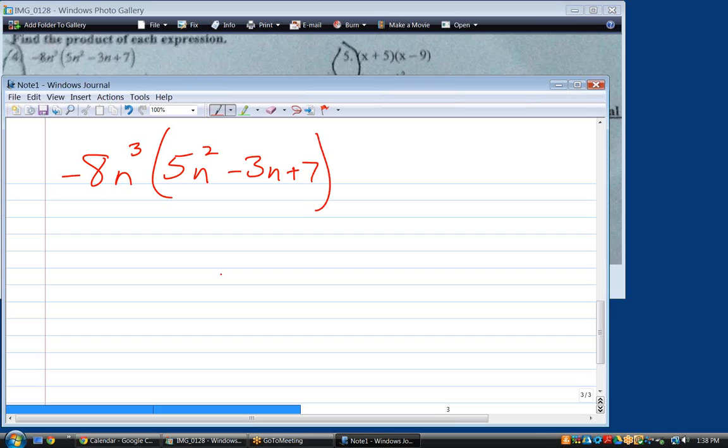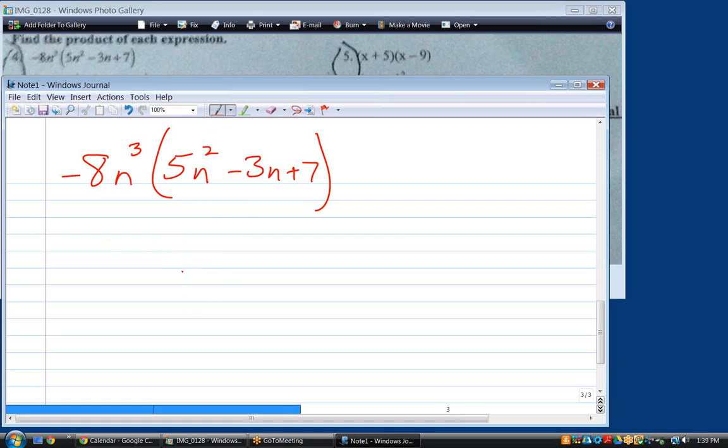Don't you multiply the like terms? No, actually what you do is you take this term and multiply every term by it. Oh, all right. So what is this term times this term? Just kind of shooting in the dark here. Would be negative 40n to the 4th? You add the exponents? Oh, all right. Yeah, let's go over those rules.